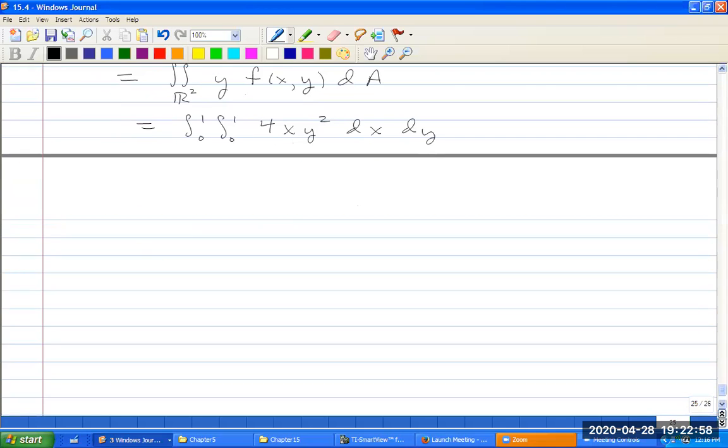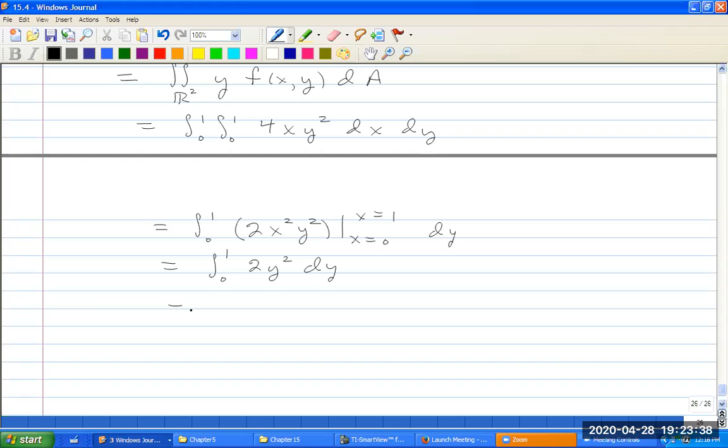And so this is equal to the integral 0 to 1, integrating x, I get 2x squared y squared between x equaling 0 and x equaling 1. If you plug in 1, you just get 2y squared minus 0. So the integral from 0 to 1 of 2y squared.